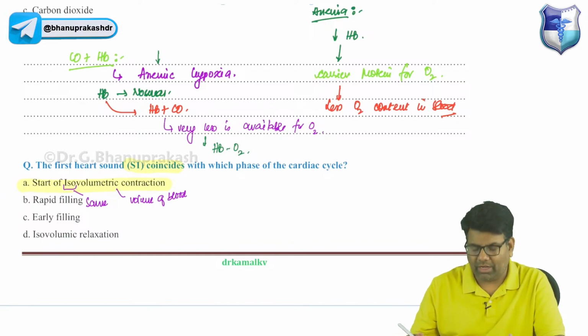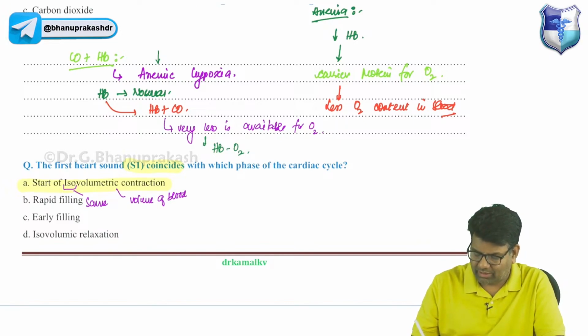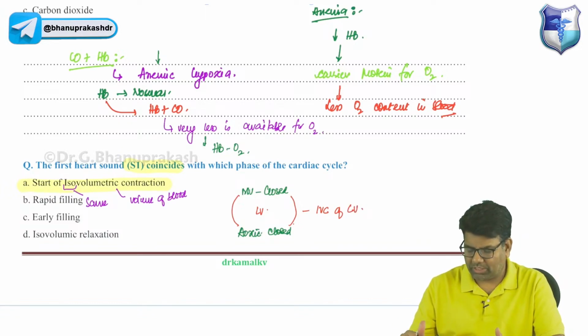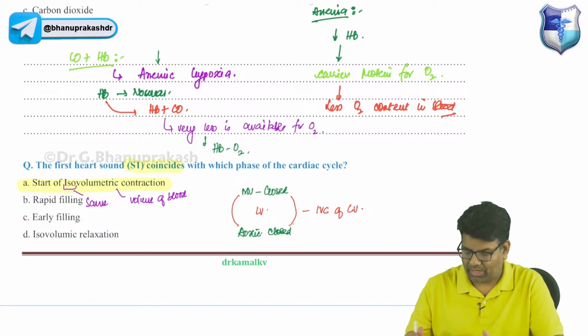If we are talking about the left ventricle, the mitral valve is closed, and lower down the aortic valve is closed. And the left ventricle is contracting as a closed chamber, right? So this is isovolumetric contraction of the left ventricle.